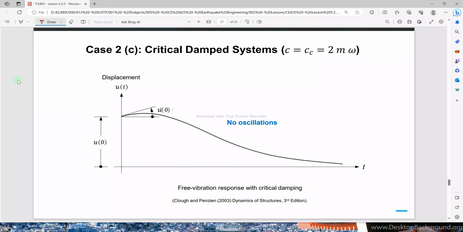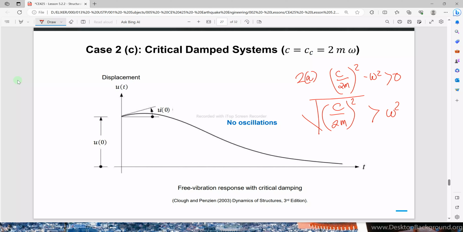Now, another, we have case 2A. For 2A, the determinant, quantity C over 2m squared minus omega squared, is greater than 0. So we will have an inequality like this, and if we square both sides, we will have C over 2m greater than omega, or the damping is greater than 2m omega.